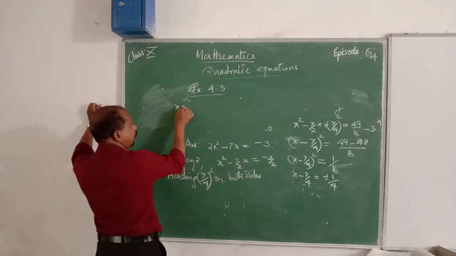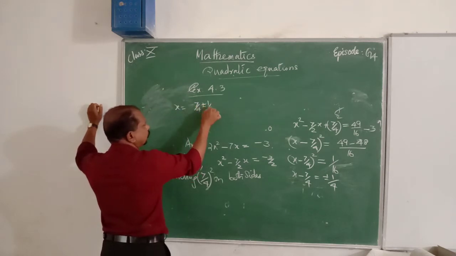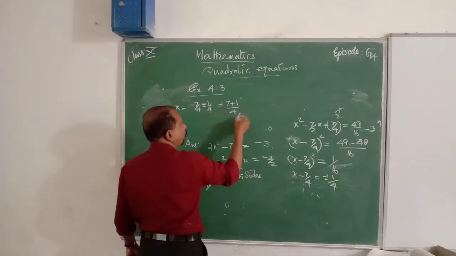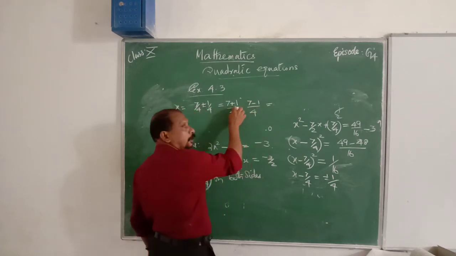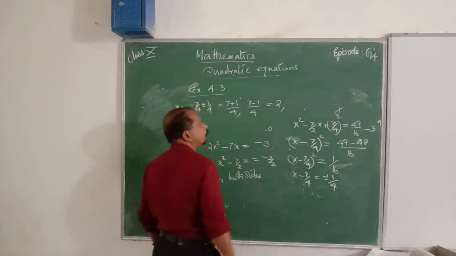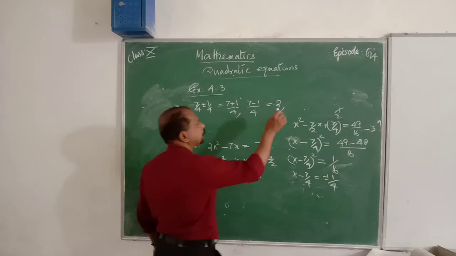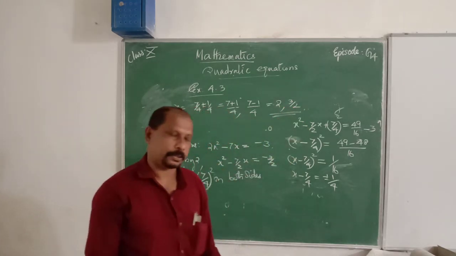That is x is equal to 7 by 4 plus or minus 1 by 4, which is (7 plus 1) by 4, comma, (7 minus 1) by 4. 7 plus 1 is 8, 8 by 4 is 2. 7 minus 1 is 6, 6 by 4 is 3 by 2. These are the roots of the quadratic equation.